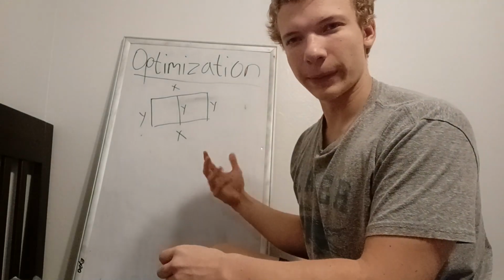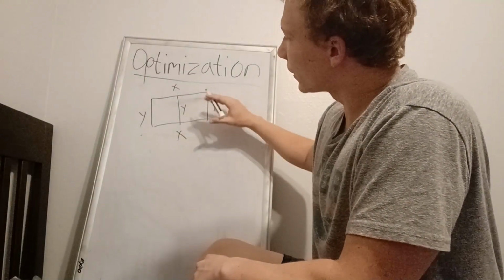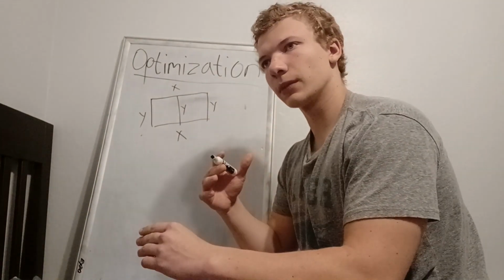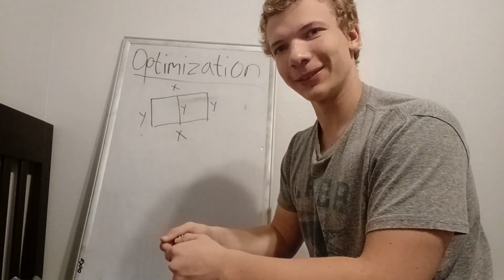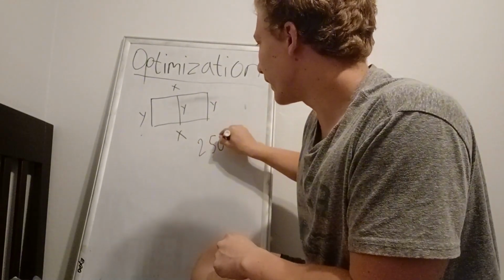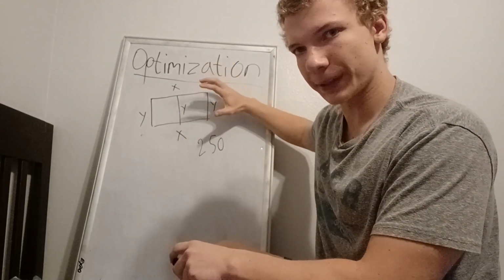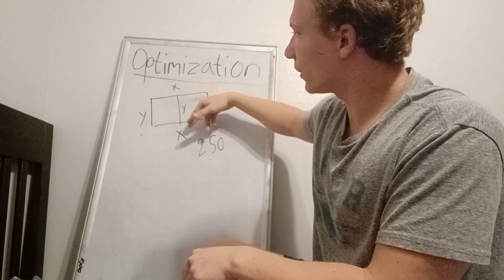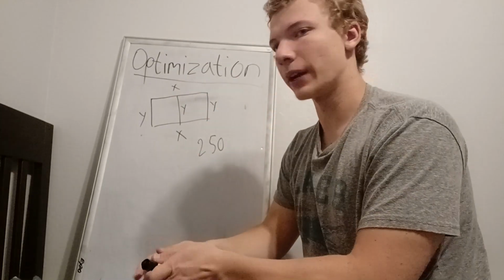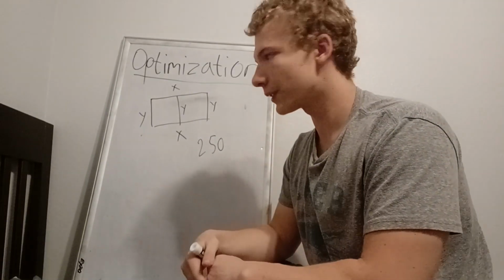Here's a pretty famous and standard example of optimization. Say we need to build 2 corrals for cattle, right? We have, say, 250 feet of fencing, and we need it to be in this format, a rectangle with 3 equal length divisions, right? We have the outside and then the dividing of the 2 corrals.